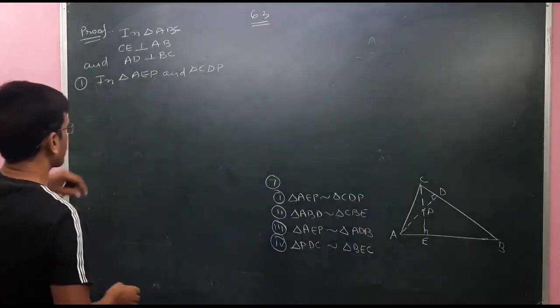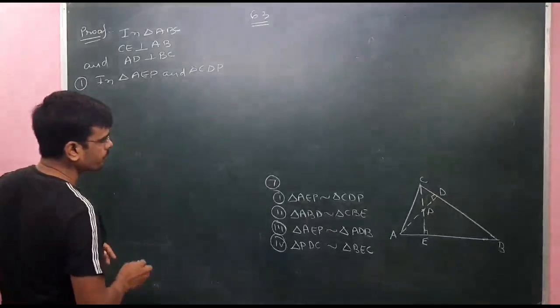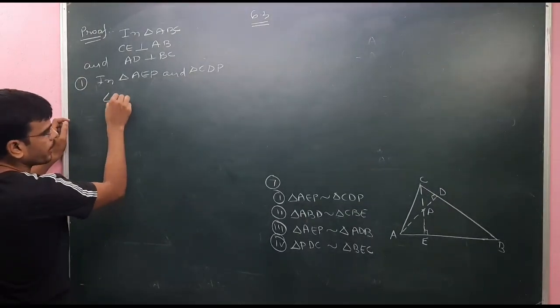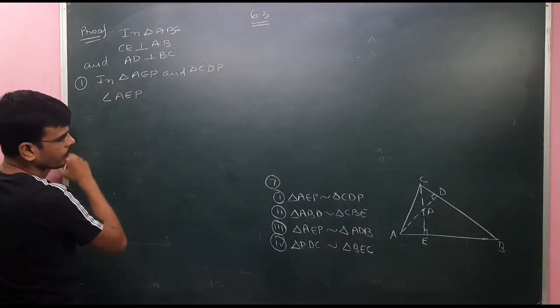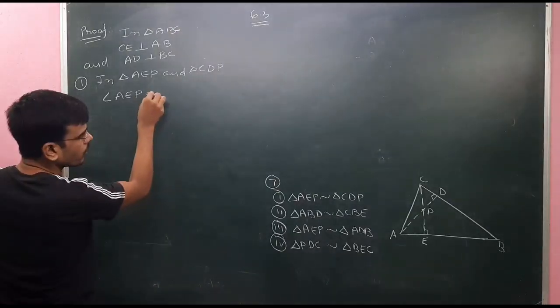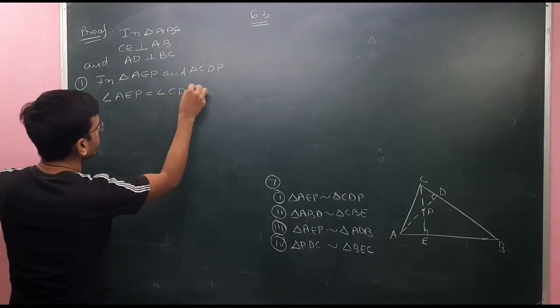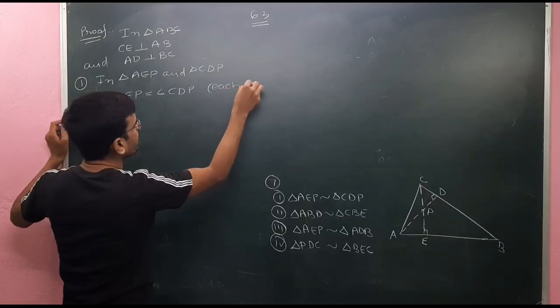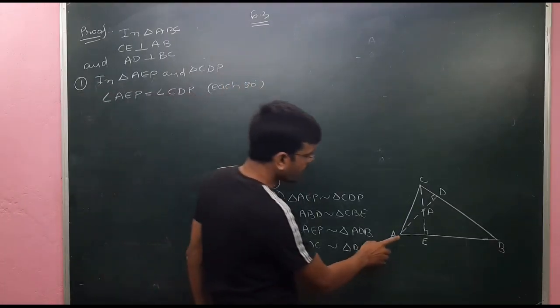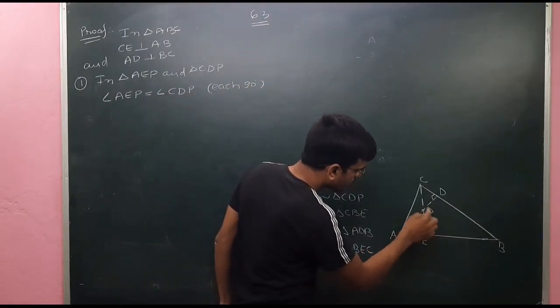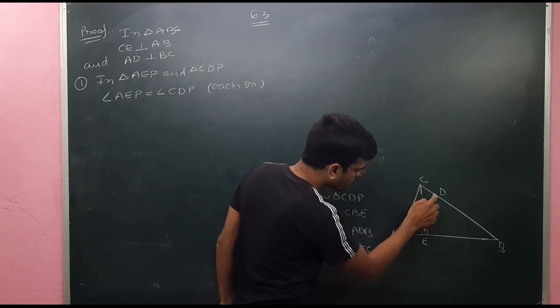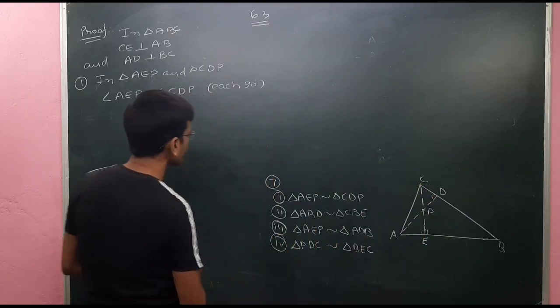Now, the first one is angle AEP. Angle AEP is equal to angle CDP, each 90 degrees, means this angle AEP is equal to this angle CDP, which is 90 degrees.